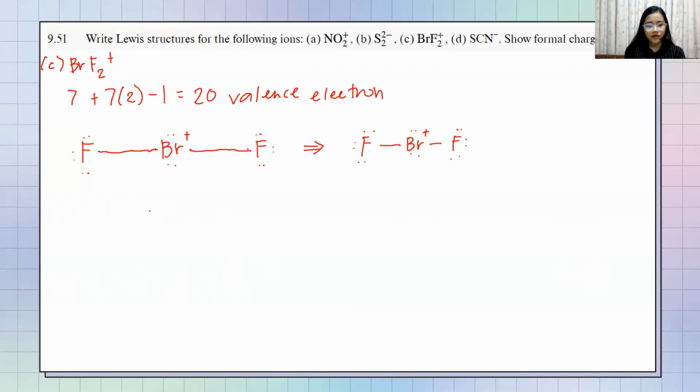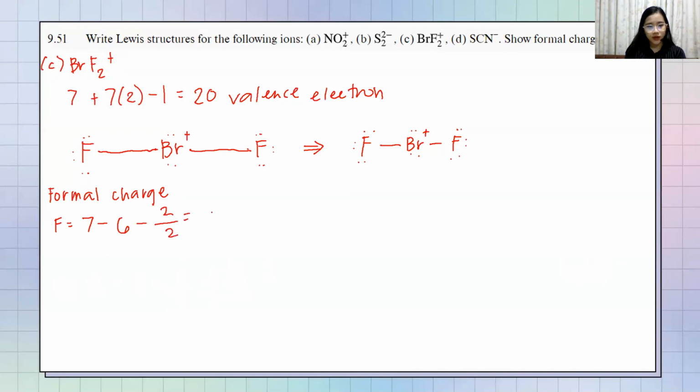Okay. So for the formal charge, again we apply the formula. So fluorine at the left side has 7 total valence electrons minus how many non-bonding electrons? 1, 2, 3, 4, 5, 6. So 6, and 2 bonding electrons over 2.